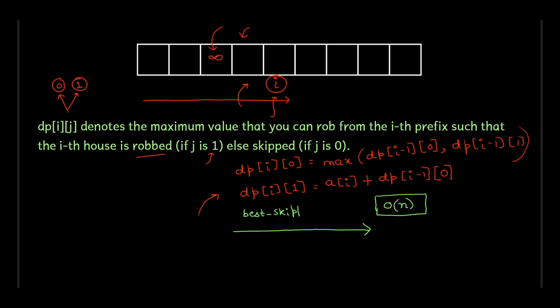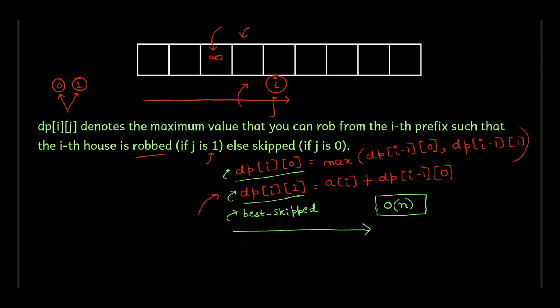And that is all right, because these versions actually stem from the DP idea only. That is, if you want to space optimize this DP, you can notice that you don't really need the entire DP row. You only need to keep track of two variables: what is the best profit so far when you have skipped the last house, and what is the best profit so far when you have taken the last house.